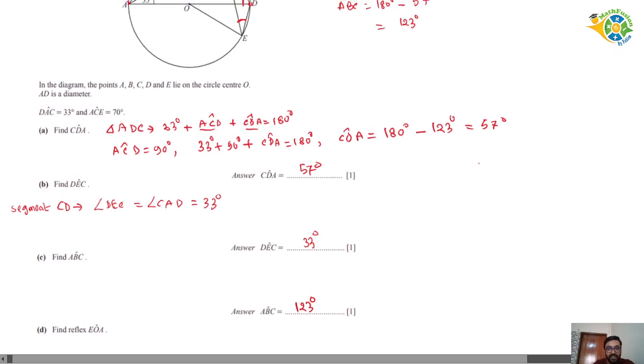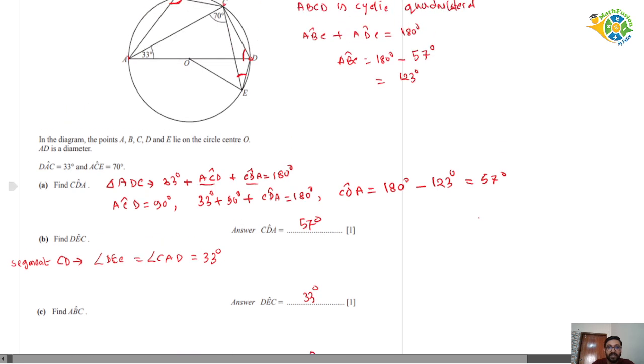They tell us to find reflex EOA. So what is a reflex angle? A reflex angle is greater than 180 degrees and less than 360 degrees. Okay, so by reflex EOA they mean this angle EOA. So we can find this angle using the relationship between the angle at the center and the angle at the circumference.